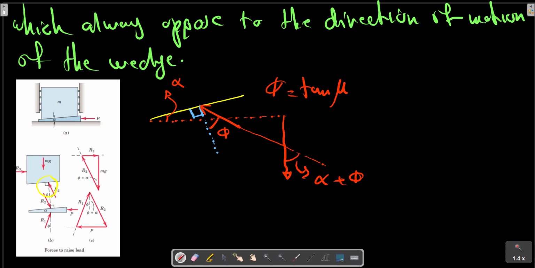So as shown here, for the case R, we have these directions: for the normal, mg for example, R3 as shown in this picture, and R2.